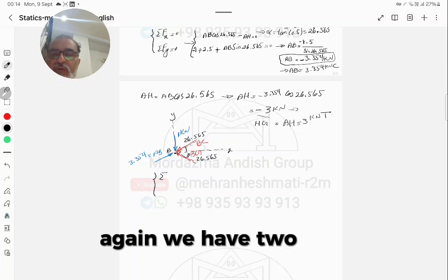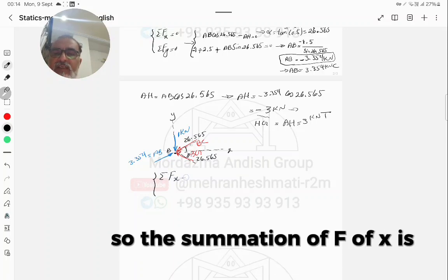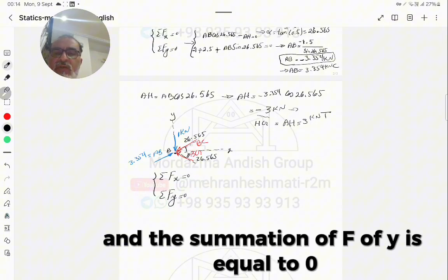Again, we have two equilibrium equations, so the summation of f of x is equal to 0 and the summation of f of y is equal to 0.